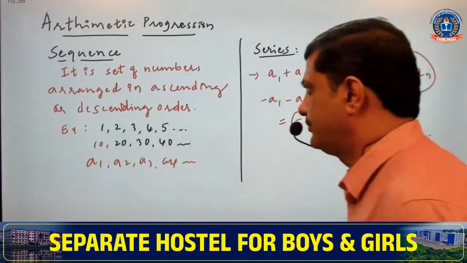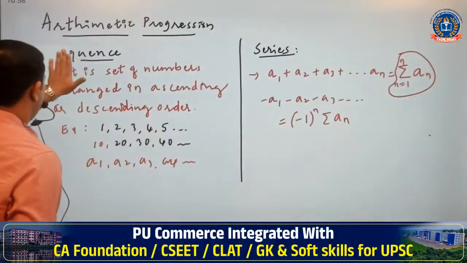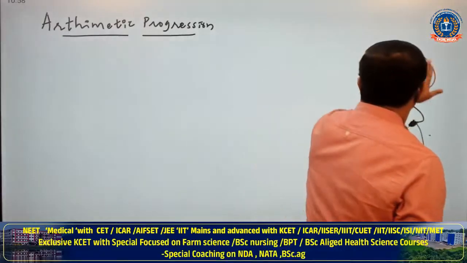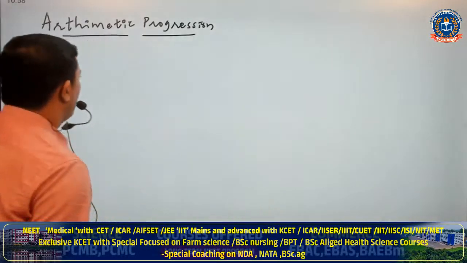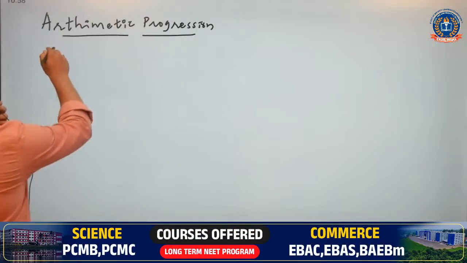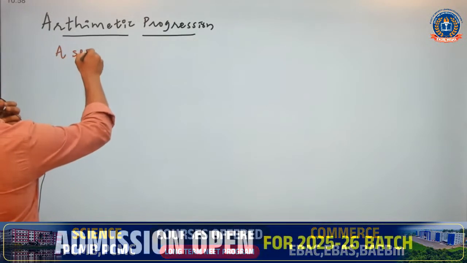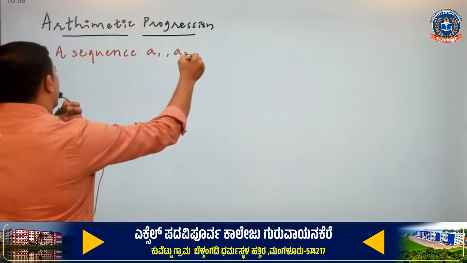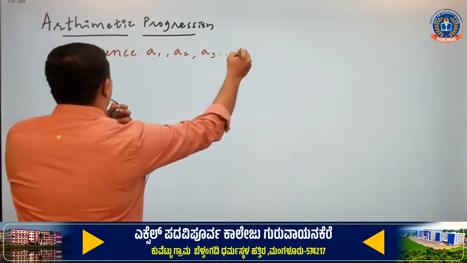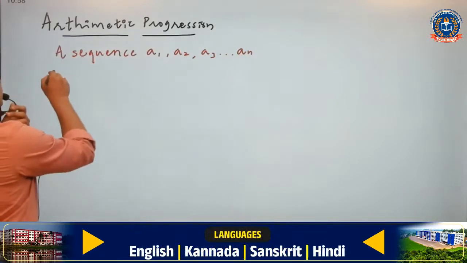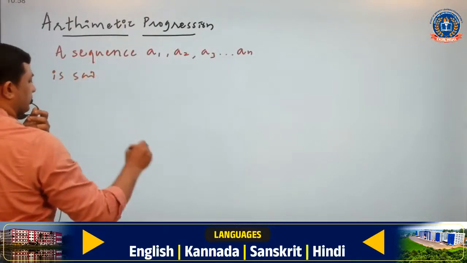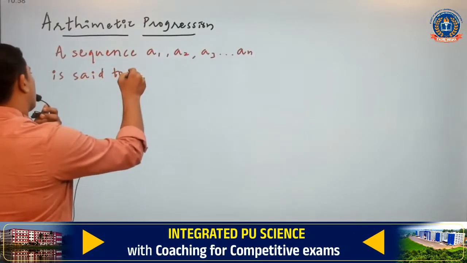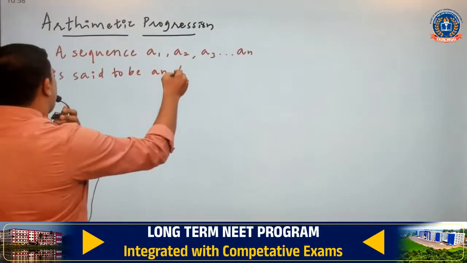Okay, done. Right, now as mentioned in the heading, let's work on the AP here. Arithmetic progression. A sequence A1, A2, A3 and so on up to AN is said to be an AP.